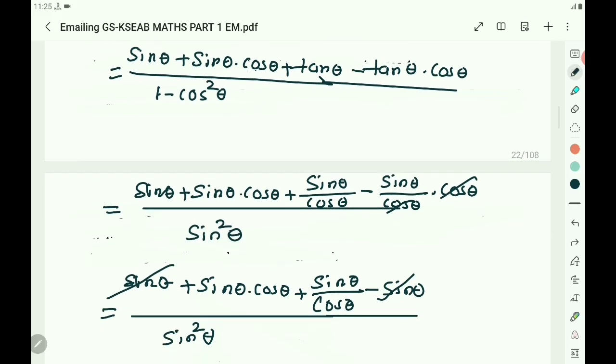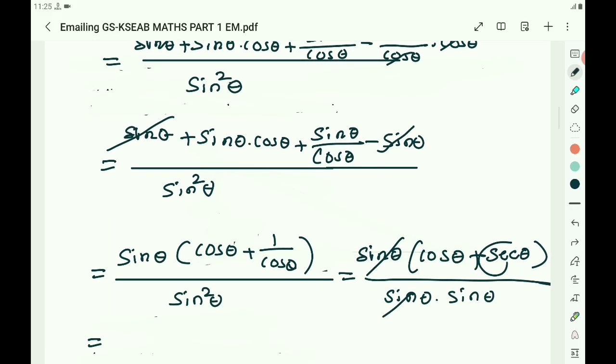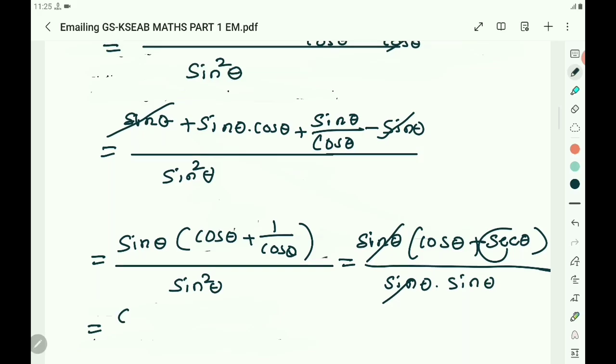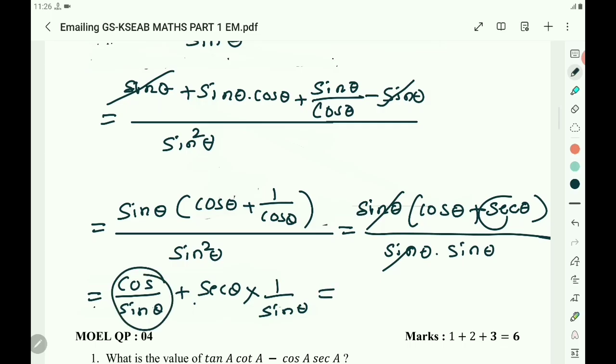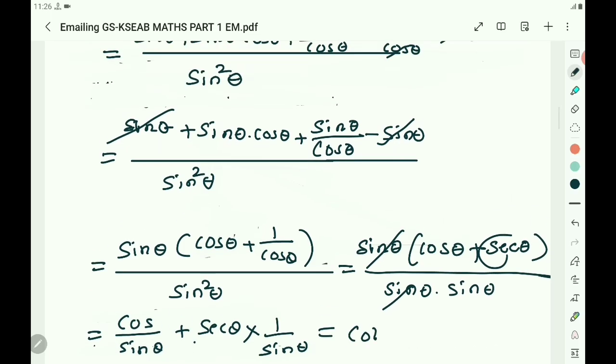Cos by sin, right, cos theta by sin theta plus secant theta into 1 by sin theta, which is equals to cos by sin is cot theta, plus secant theta, 1 by sin is cosec, secant theta into cosecant theta, which is equals to RHS.